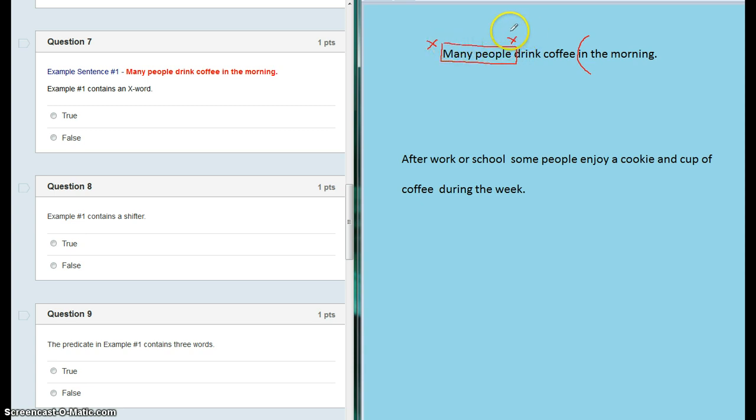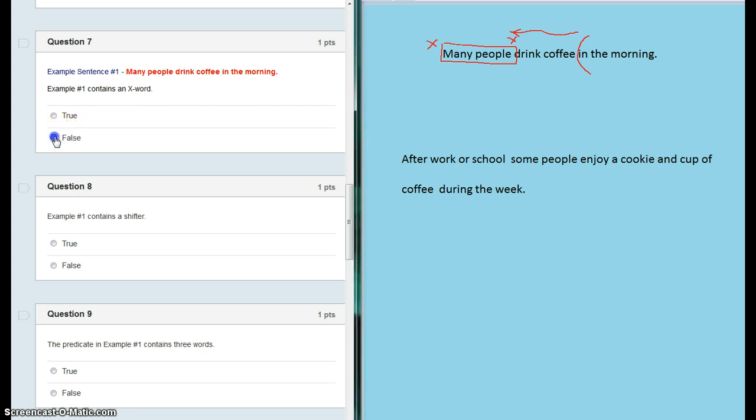Now, like we talked about in week number 1, everything left between the subject and the end shifter place, or the end of the sentence when there isn't an end shifter, is the predicate. So now we're ready to answer question number 7. Example number 1 contains an X word.